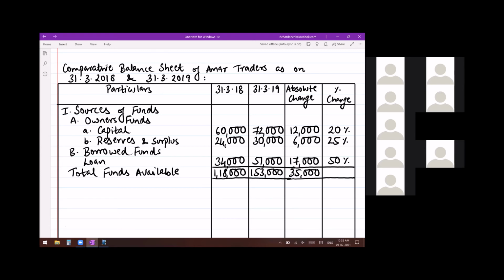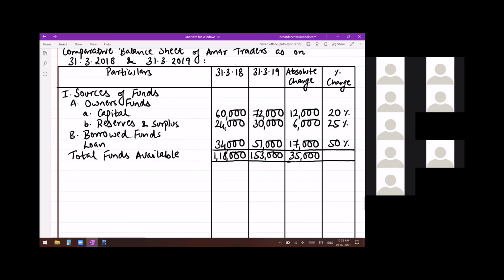You have to calculate as usual: current year minus previous year divided by previous year. So directly you can do absolute change divided by the previous year. 35 divided by 1,18,000 into 100. Calculate and tell me how much percentage that is.